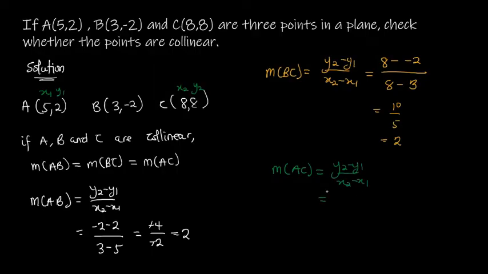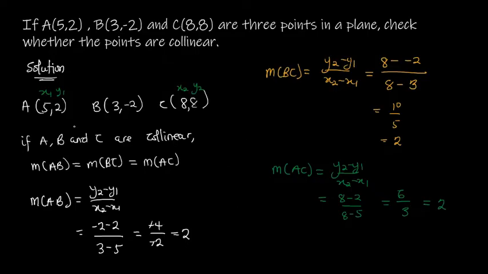So this is equal to my y2 is 8 minus my y1, which is 2, on my x2, which is also 8, minus my x1, which is 5. So I have at the top 8 minus 2, that will give me 6, on 8 minus 5, that will give me a 3, and 6 on 3 will give me 2.